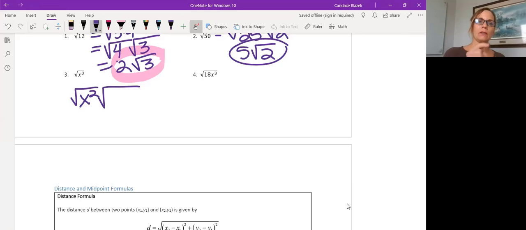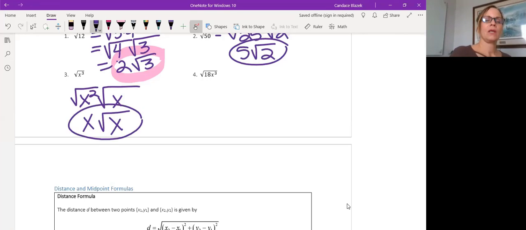The index would be a 2 because it's a square root. The exponent is a 3, so I have to decrease that exponent. If I have 2 factors of x that are a perfect square, I have 1 that isn't. Notice that x squared times x does give me my x cubed back if I need it. And to simplify this, I'm going to have x times the square root of x. Now, when you're doing your homework in MyMathLab, section 10.1 will still need the absolute value signs. But when you get to 10.3, we no longer need the absolute value signs.